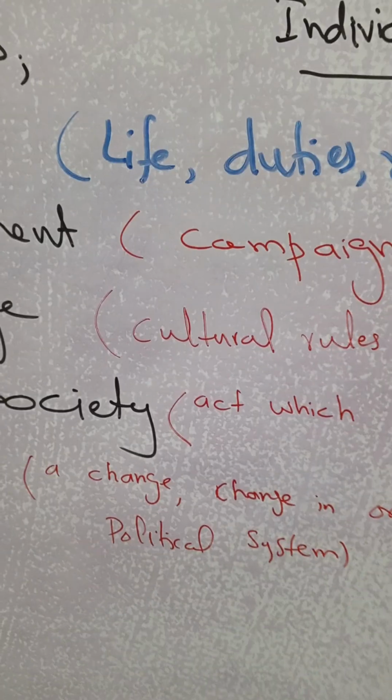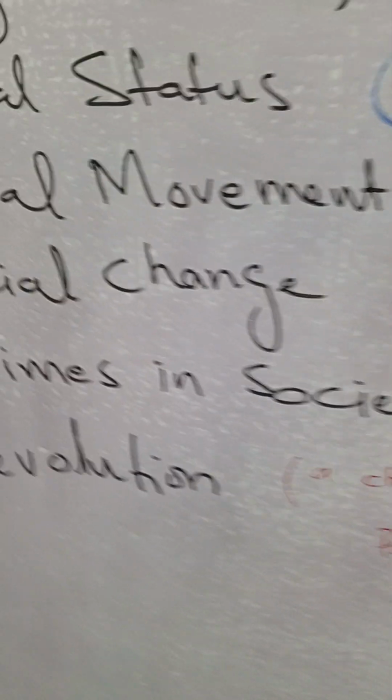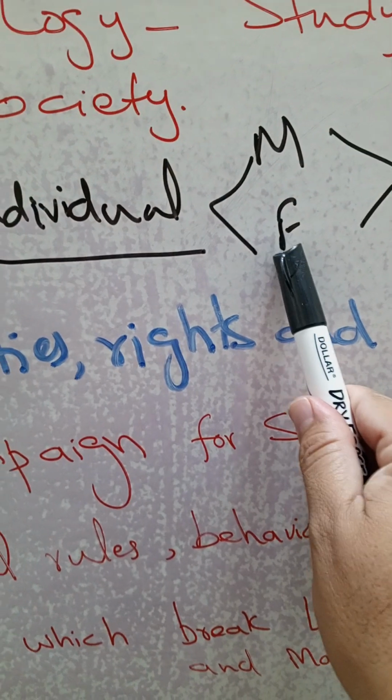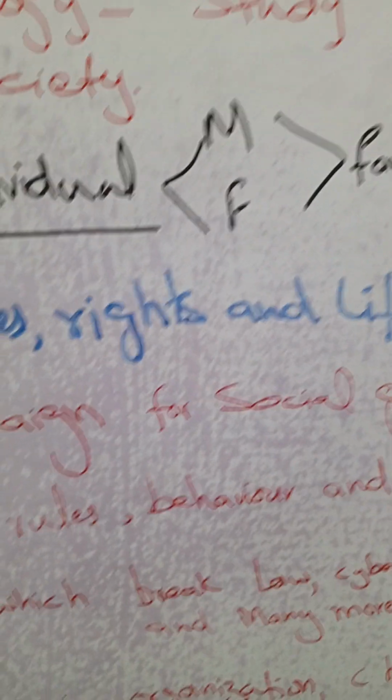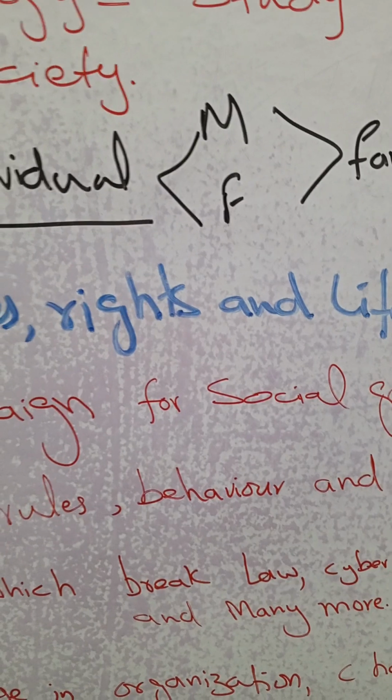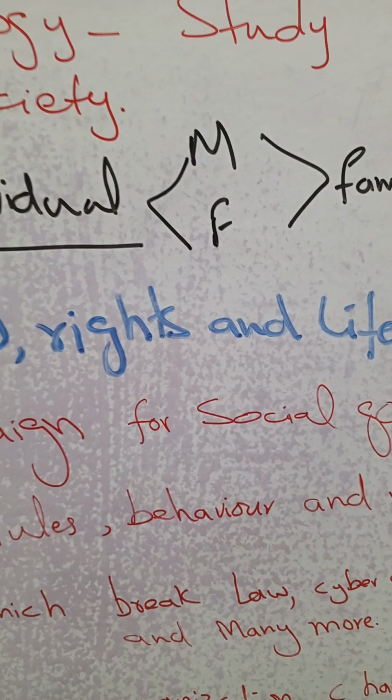In previous days, people had a different response toward female members. They were not allowed to study, they were not allowed to get their rights, they were not allowed to go for work.